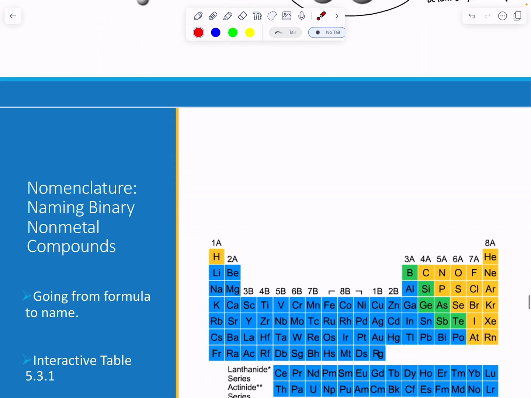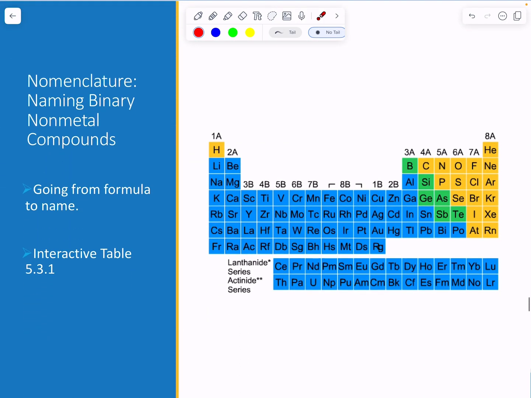For our purposes, we are going to name what are called binary nonmetal compounds. So we're going to practice going from the formula to the name, and vice versa.